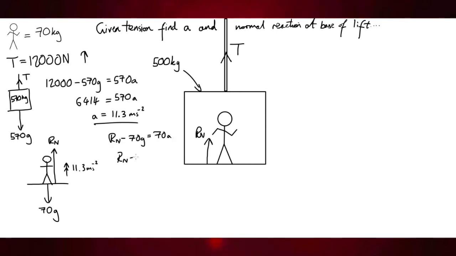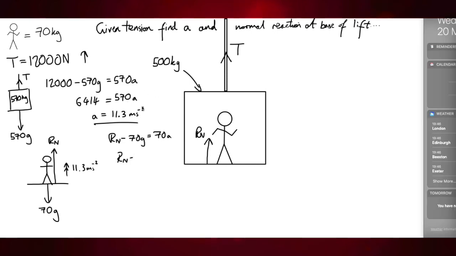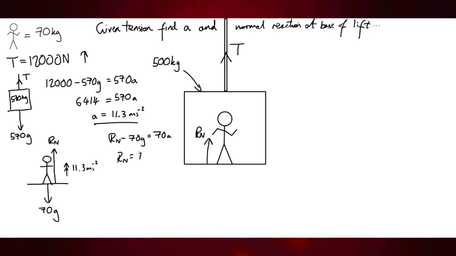So Rn equals, now notice how I'm adding the weight to the accelerated mass because it's going to be more than normal body weight. So 70 g plus 70 a gives me a force of 1,477 newtons.